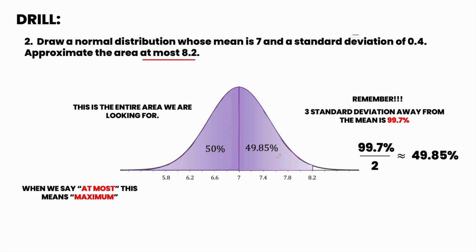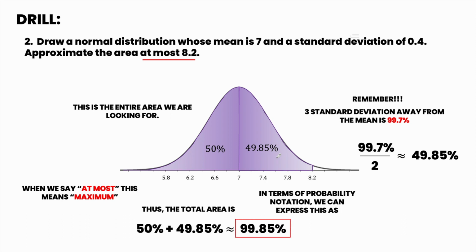So that means this is 50%. Thus, the total area is 50% plus 49.85%, which is approximately 99.85%. In terms of probability notation, we can express this as the probability of x less than or equal to 8.2 is 0.9985, or 99.85%. And that is it for our normal distribution discussion.